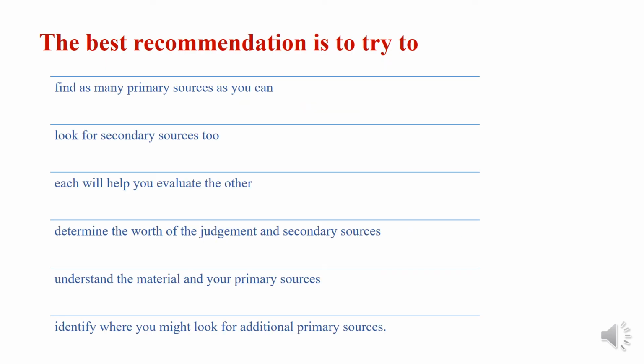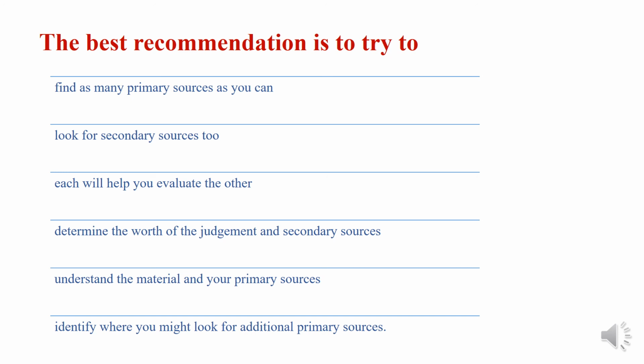Here are some recommendations for you. The best recommendation is to try to find as many primary sources as you can instead of relying entirely on secondary resources. But look for secondary sources too. Each type has its own strengths, and each will help you evaluate the other.